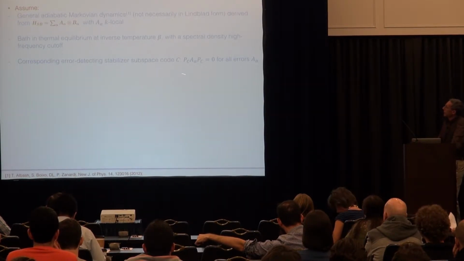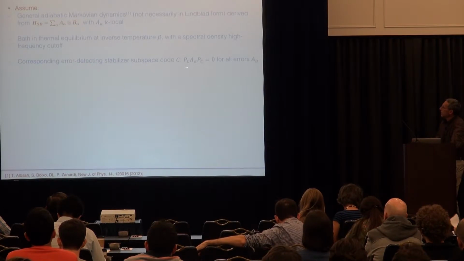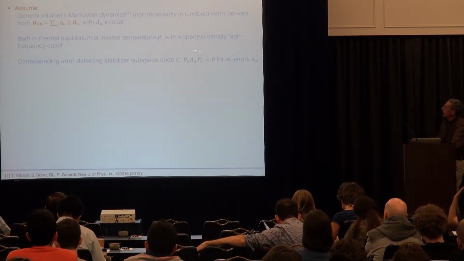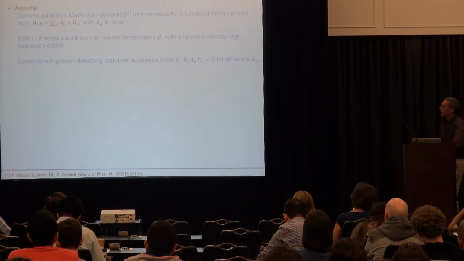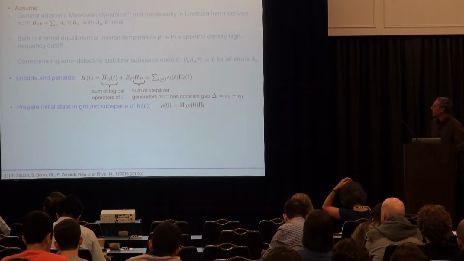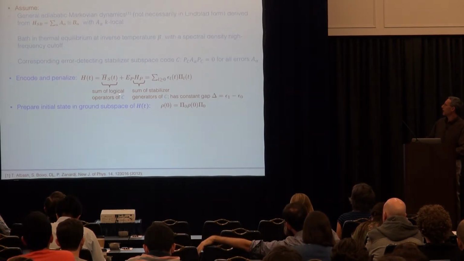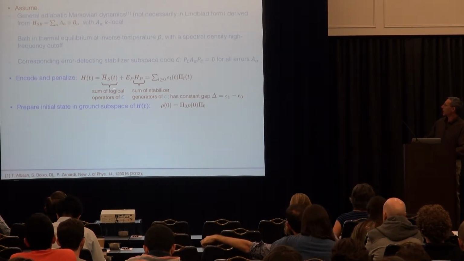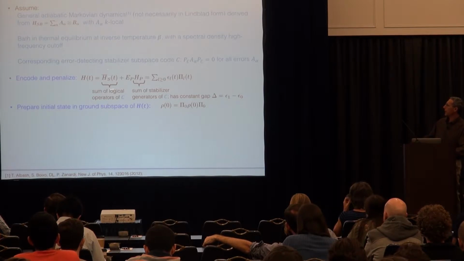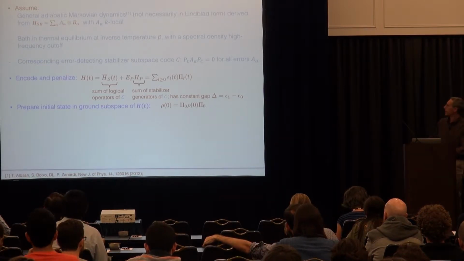And for this particular set of errors, we assume that there exists an error detecting stabilizer subspace code, C, and that's the error detection condition right there for all the errors that appear in the system-bath Hamiltonian. So now we follow the JFS prescription. We write down the total Hamiltonian as the encoded adiabatic Hamiltonian plus an energy penalty term, which is just the sum of the stabilizers of this code.